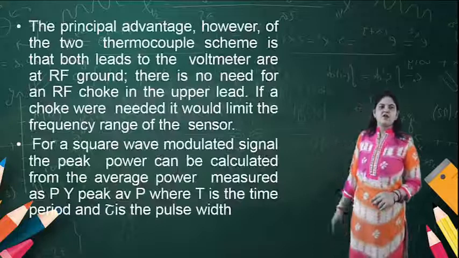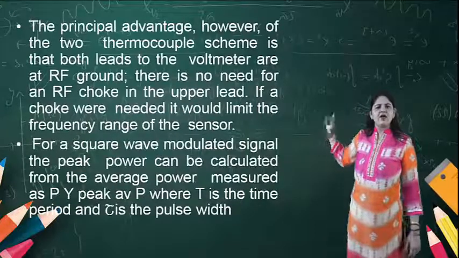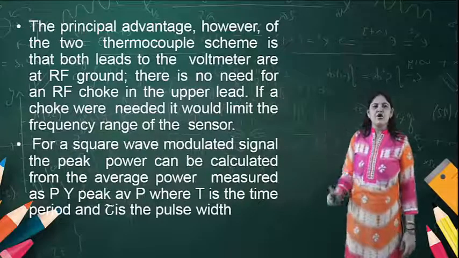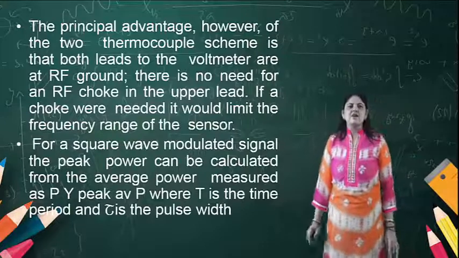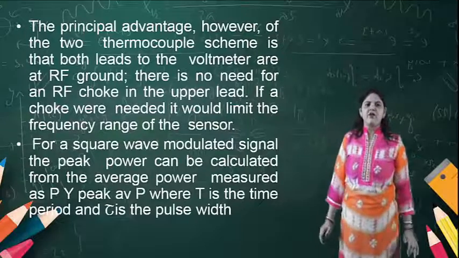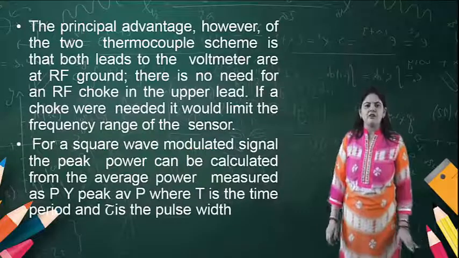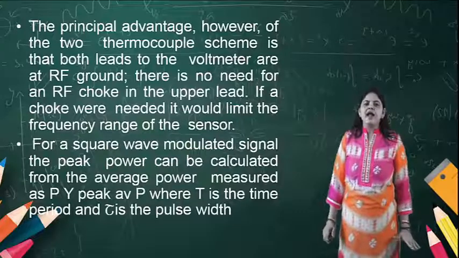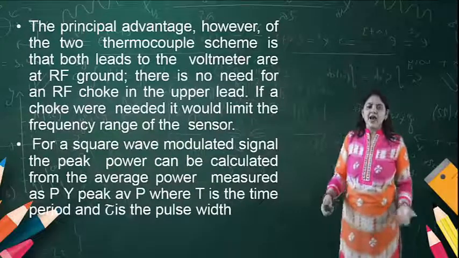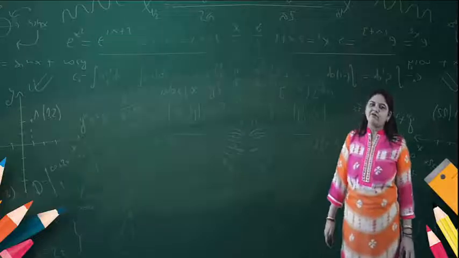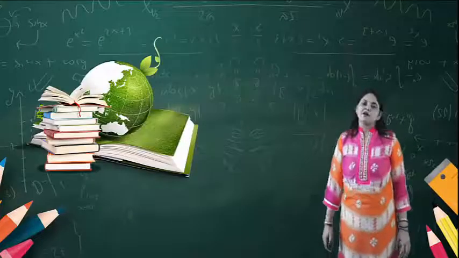The principal advantage of the thermocouple is that there is no need for an RF chopper, and another is the square law modulator, and we can measure the output clearly.